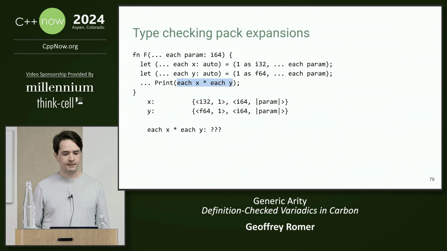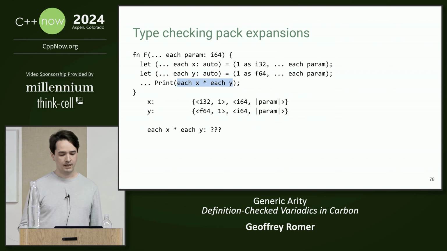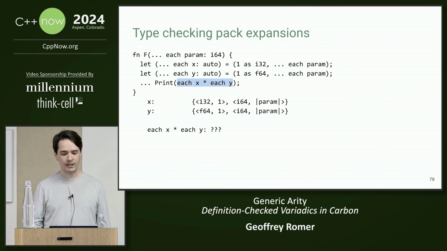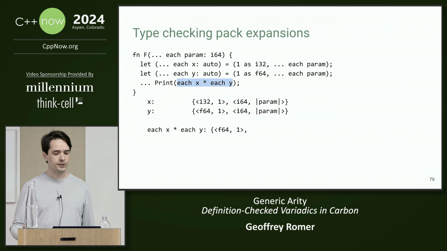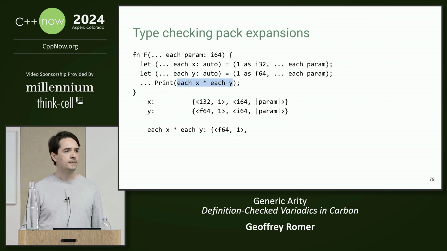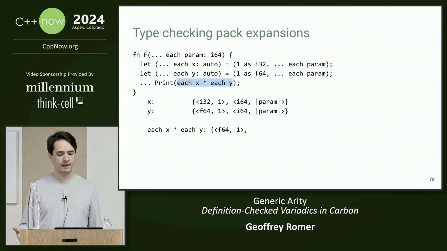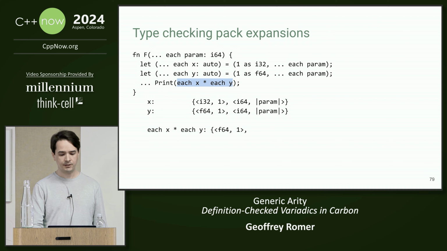So here's a more complex example. We're multiplying elements of two different packs. So let's try to type check that. Pack expansion is a loop, so we can figure out the pack type by figuring out the type on each iteration. On the first iteration, the two operands have types I32 and F64. And when you multiply those, the result type is F64. We can't figure out the type on the second iteration in particular because there might not be a second iteration.